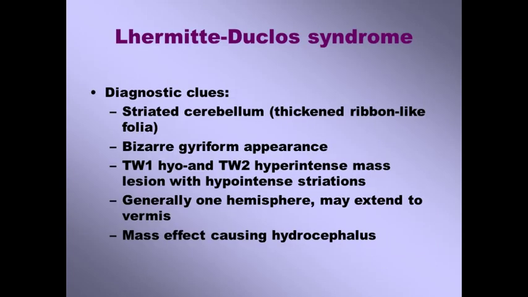Lhermitte-Duclos syndrome. Diagnostic clue: striated cerebellum, thickened ribbon-like folia, bizarre gyriform appearance, T1 hypointense, T2 hyperintense mass lesion with hypointense striation. Generally one hemisphere is involved. Mass effect may cause hydrocephalus.